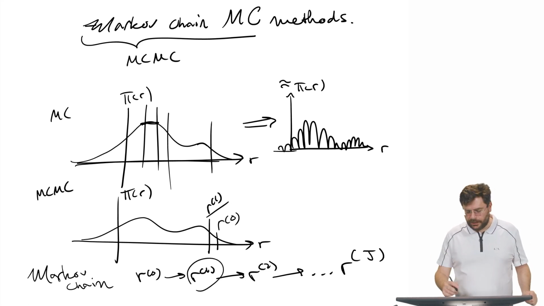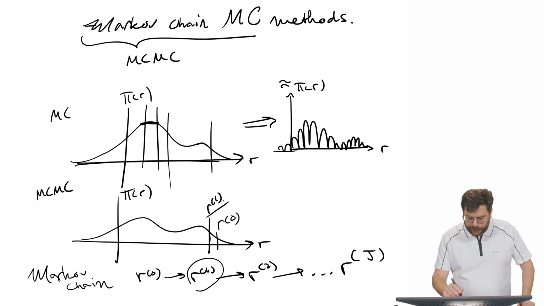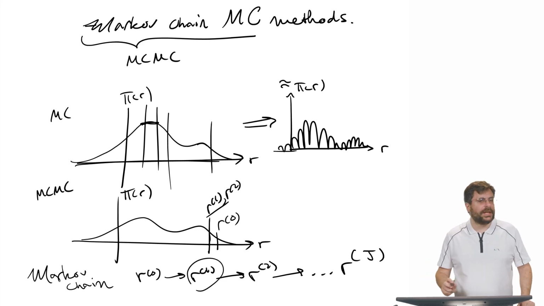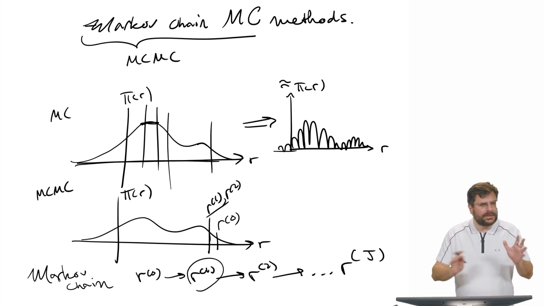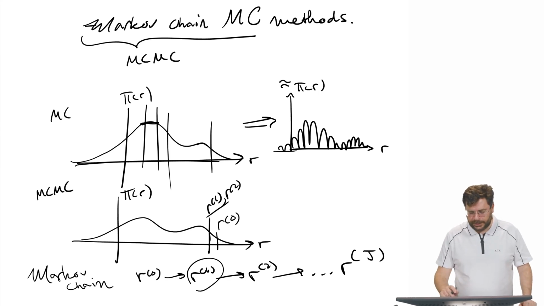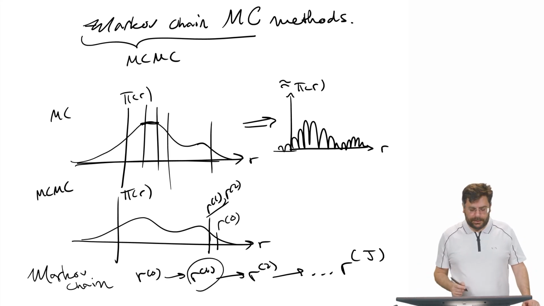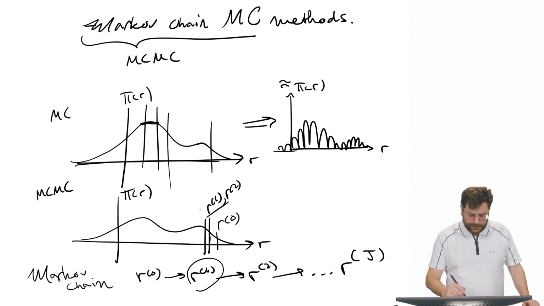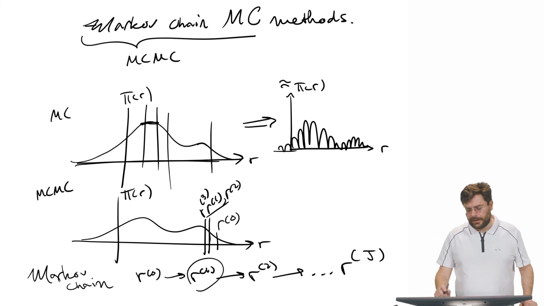Now suppose that I make another proposal and at this point I reject it. Then my R2 is at the same location as R1 because I proposed something and rejected that proposal. We're going to explain how that happens mechanically shortly, but for now we're talking about this conceptually. Now I propose something different, and at this point I accept it, and maybe I move a little bit in this direction. That becomes my R3.